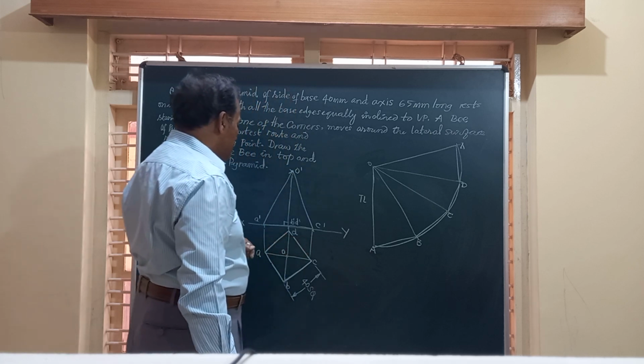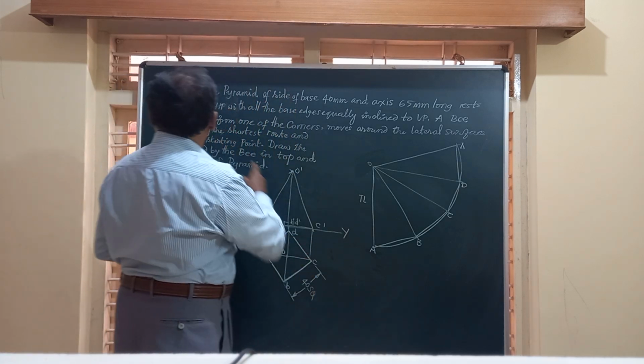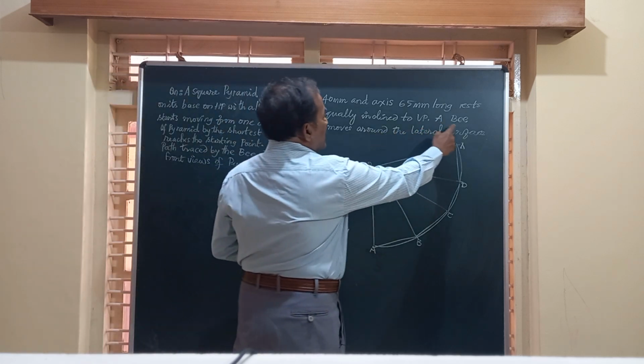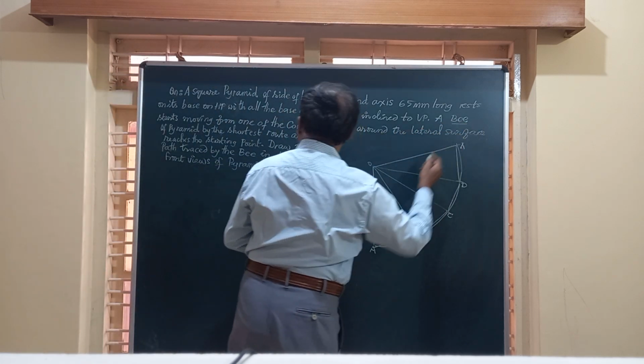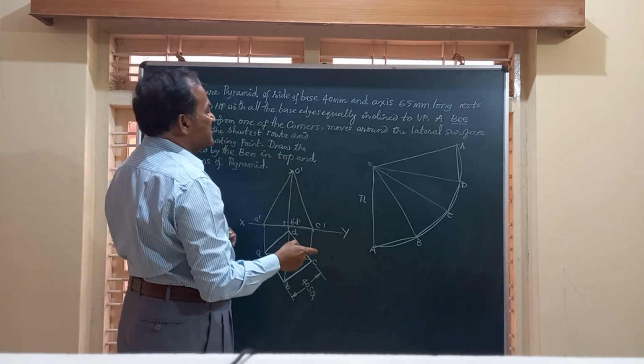Now, friends, the question says a honey bee starts moving from one of the corners.